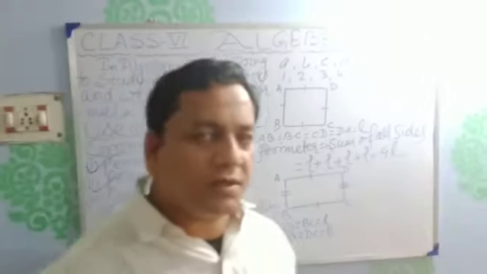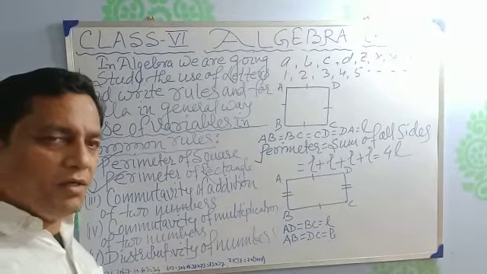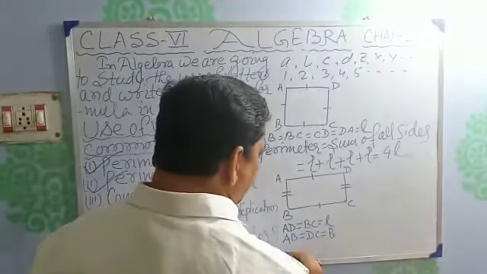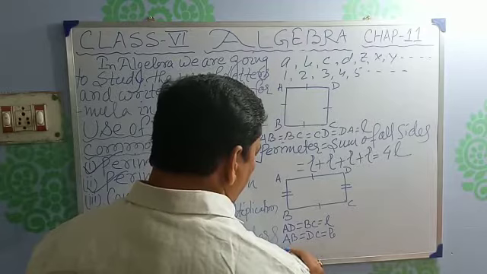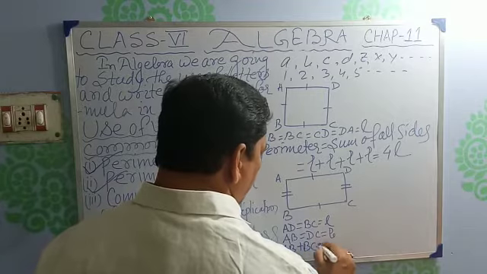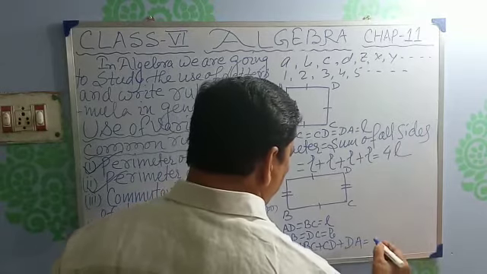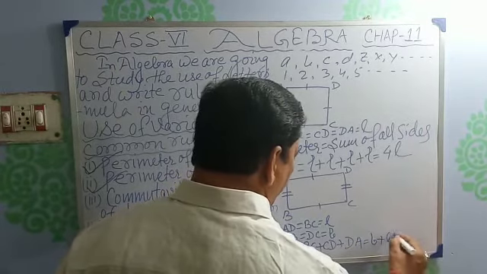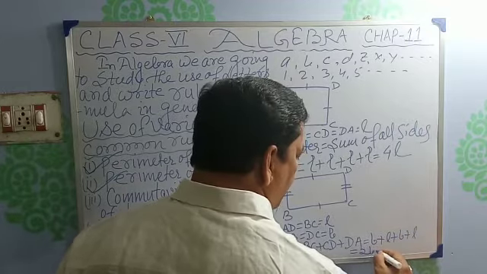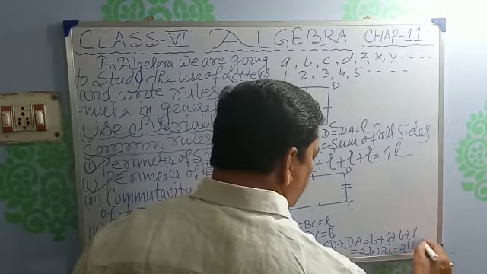So what is the perimeter, class 6? Perimeter of a rectangle equal to the sum of all the sides. So we can write AB plus BC plus CD plus DA, that is B plus L plus B plus L. That means 2B plus 2L equal to 2 into (L plus B).